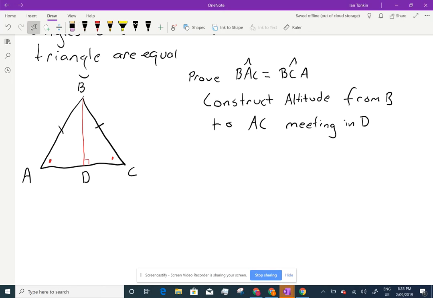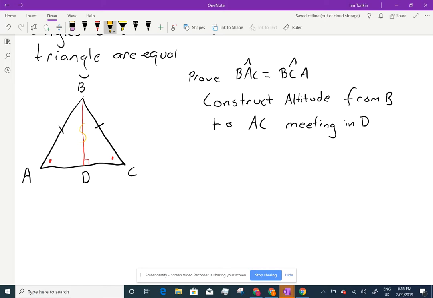Now, what else do I know? Well, I've got everything I need now because I've got a common side. If I'm looking at triangle ABD and I'm looking at triangle BDC, I've got a common side, I've got 90 degrees, and I've got a hypotenuse.